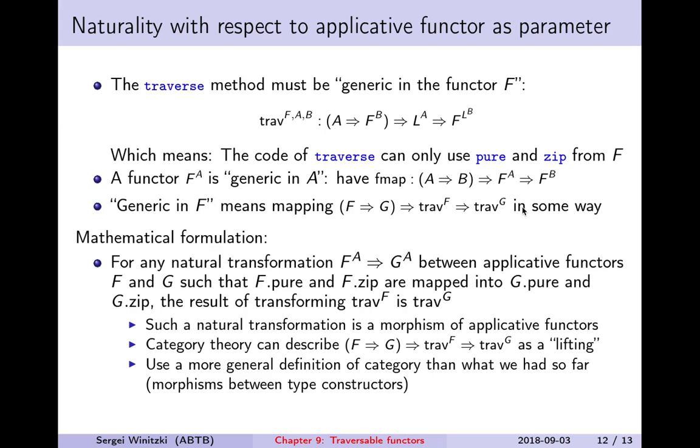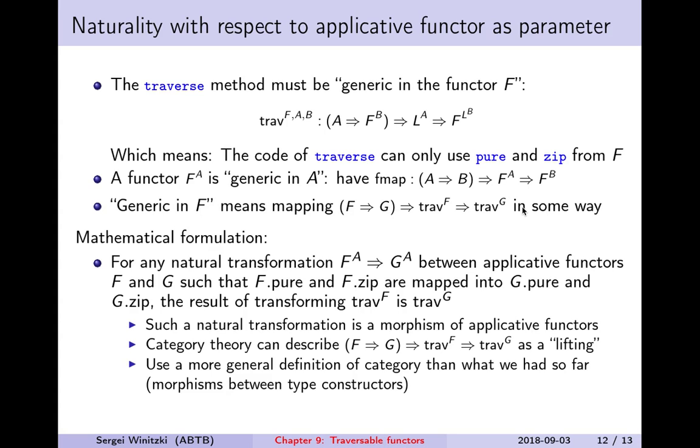So those are the rigorous forms for the naturality law with respect to applicative functor. Now, I'm not writing it out in detail because just as naturality with respect to ordinary type parameter, this naturality with respect to applicative functor is going to be satisfied automatically by any code that merely uses pure and zip. And why is that?